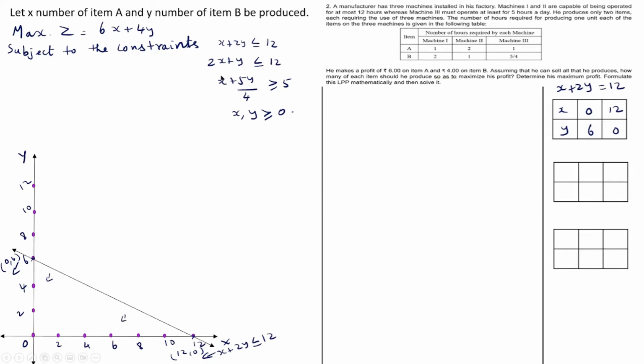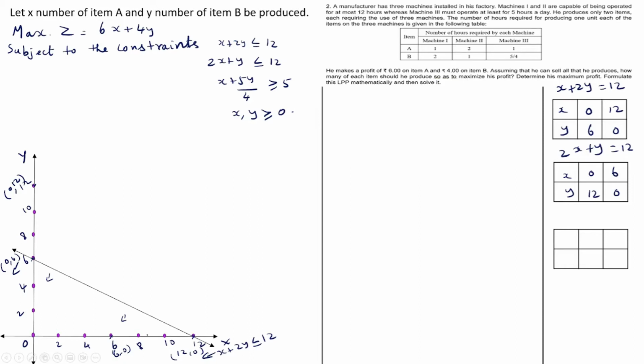Now we have the next inequality, which is 2x + y ≤ 12. The equation corresponding to this is 2x + y = 12. Let us draw the line corresponding to this equation. When x is 0, y is 12, and when y is 0, x is 6. So this point is (0, 12), and this point is (6, 0).